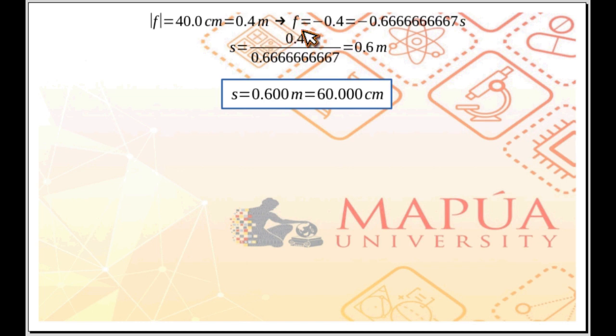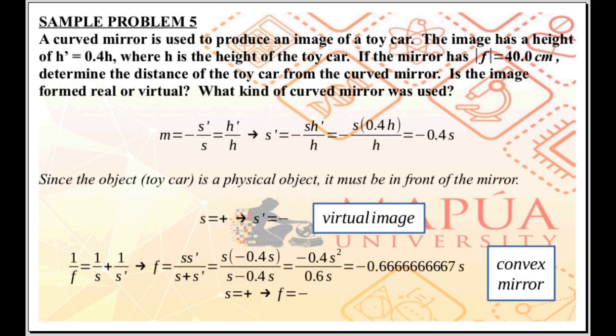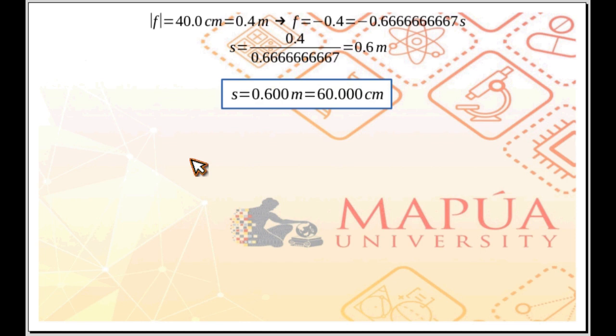Which means F is just equal to negative 0.4, which is equal to negative 0.6666 and so on S. Rearranging, we get S is equal to 0.4 divided by 0.6666 and so on, which gives us S is equal to 0.600 meters or 60.000 centimeters.